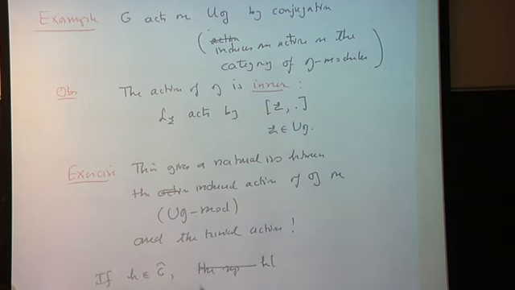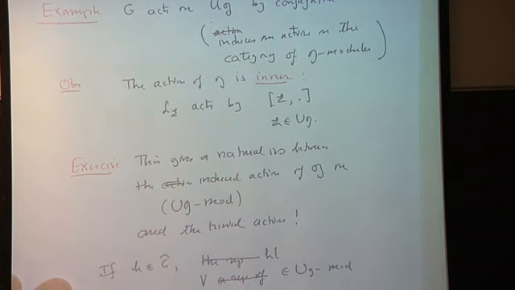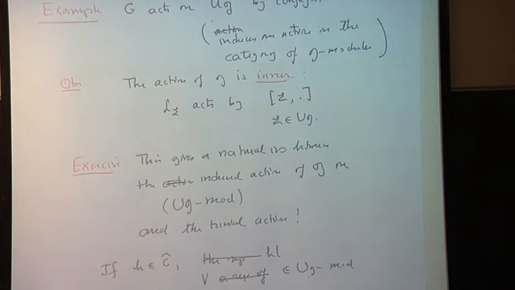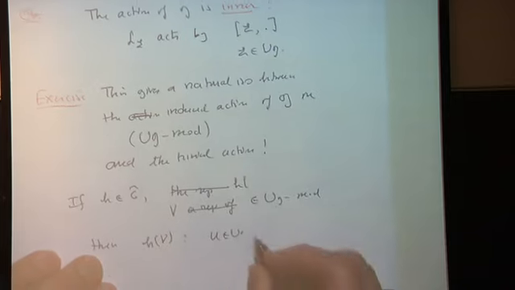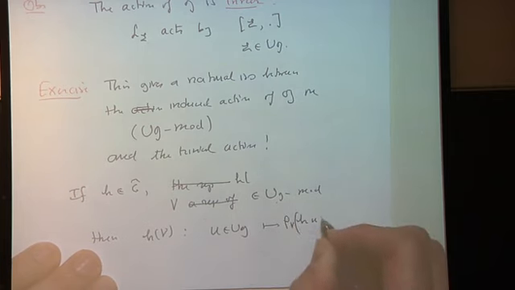If H was an element in the formal group and V a representation of G, so an element in UG mod, then the transformed representation H of V would be the representation in which U of G acts, but will first conjugate U of G by H and then let it act. So H of V is a representation where U in UG acts by HUH inverse.